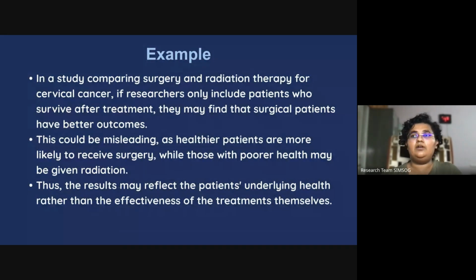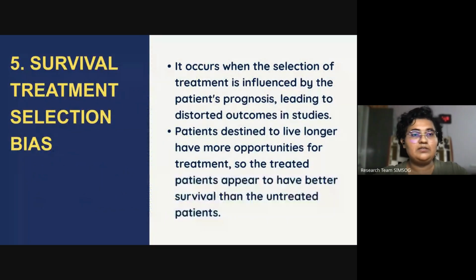Whereas those who have a more advanced cancer, or those who are of a poorer health, could be given radiation as the therapy. So the results don't accurately reflect the efficacy of the treatment. Rather, they can reflect the underlying health of the patient. This is what survival treatment selection bias is.